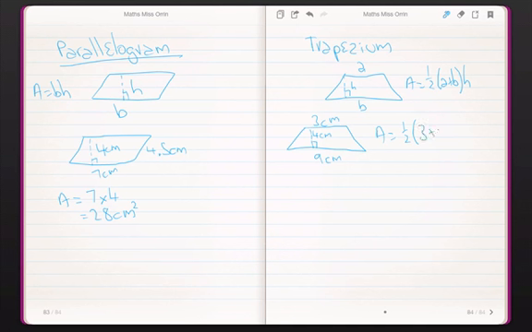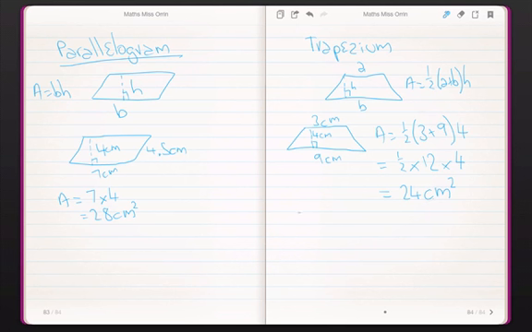So we've got 3 plus 9 times the height, which is 4. So it's half times 3 plus 9, which is 12, times 4, okay? You can work that out on a calculator if you need to, but half times 12 is 6, times 4 is 24. So we have 24 centimeters squared. Don't forget your little squared, okay?